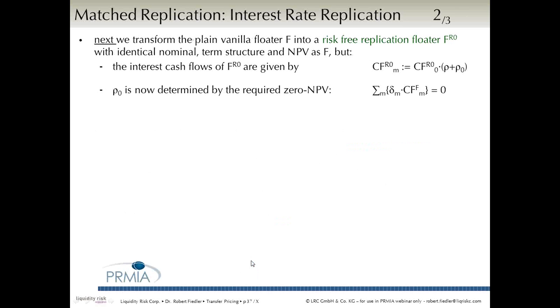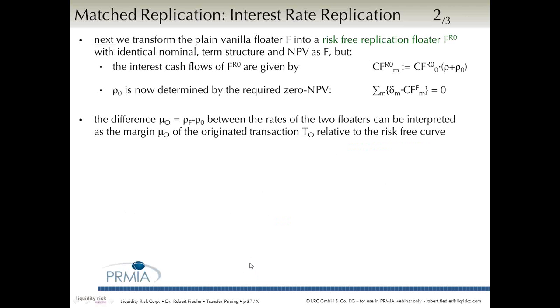The next step, we transform this plain vanilla floater into a risk-free replication floater with identical nominal, term structure and NPV, but the interest cash flows are given by this formula, where rho 0 is now the required 0 NPV, or is determined by that.